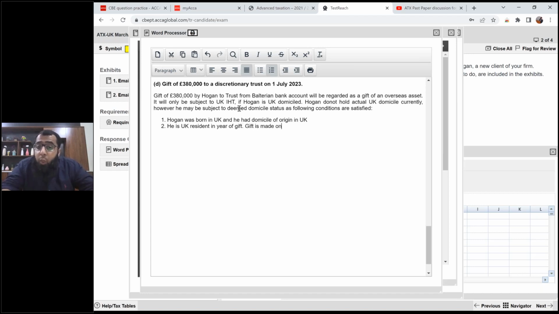Gift is made on 1st July 2023 and Hogan is UK resident in tax year 2023/24. And the third one, he was UK resident in previous tax year of 2022/23.